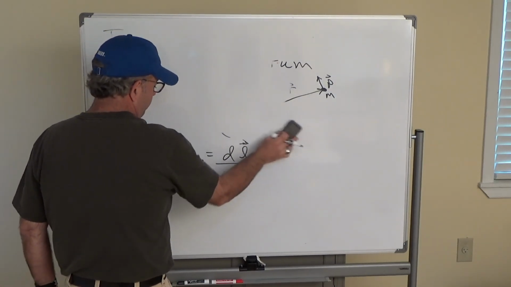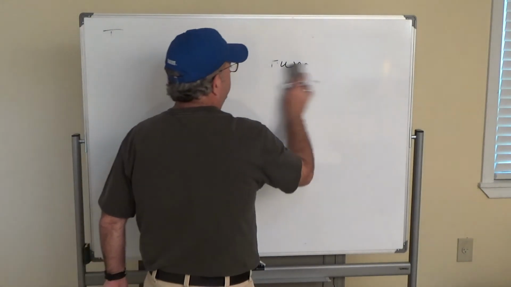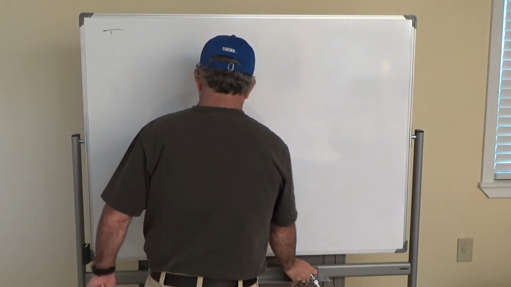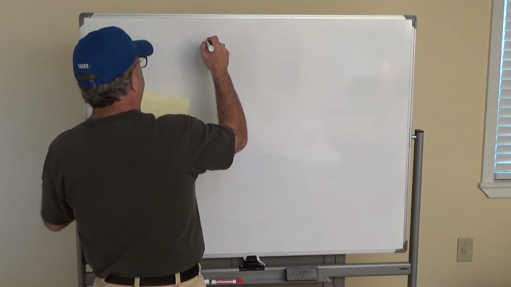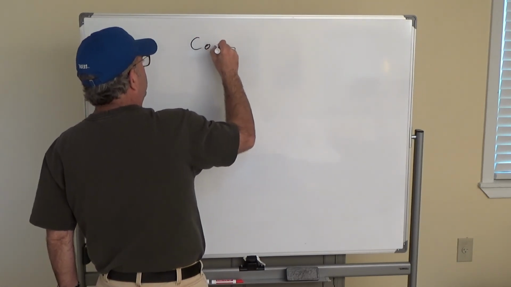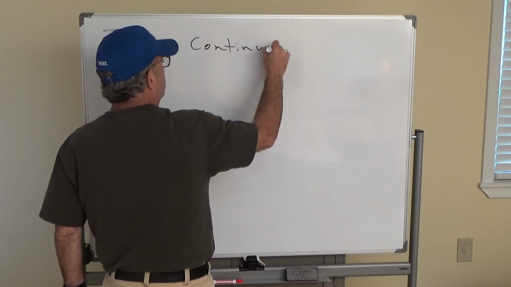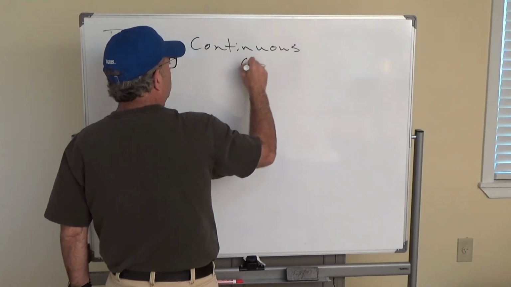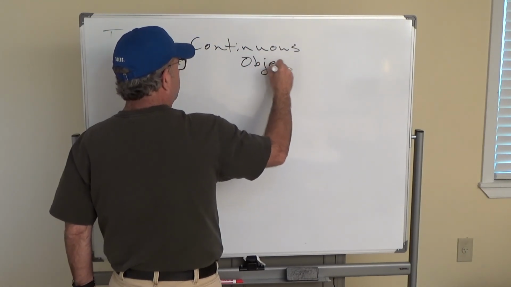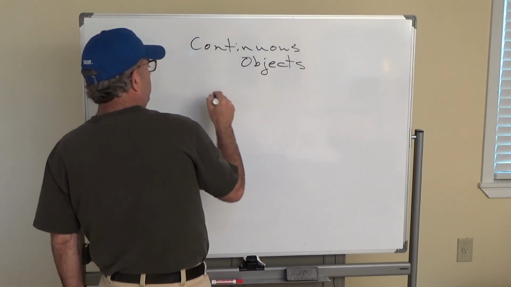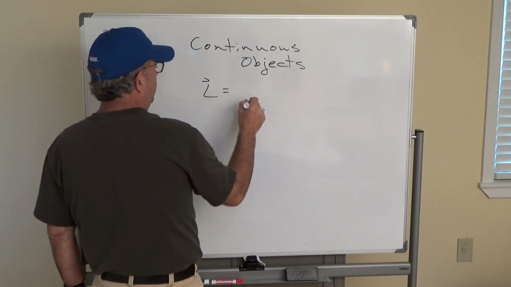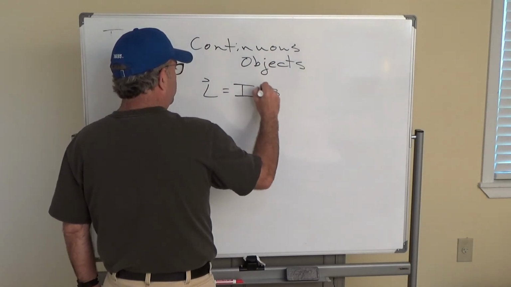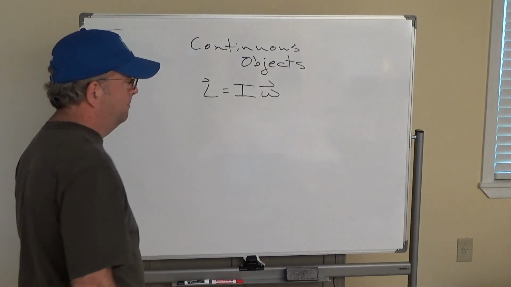This is for a single point particle. For continuous objects, we usually give those a capital L. Capital L is equal to I omega.